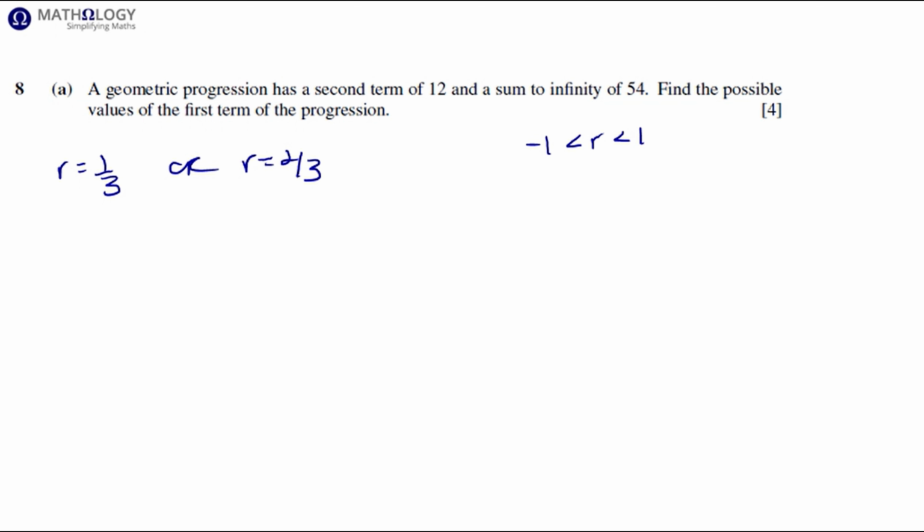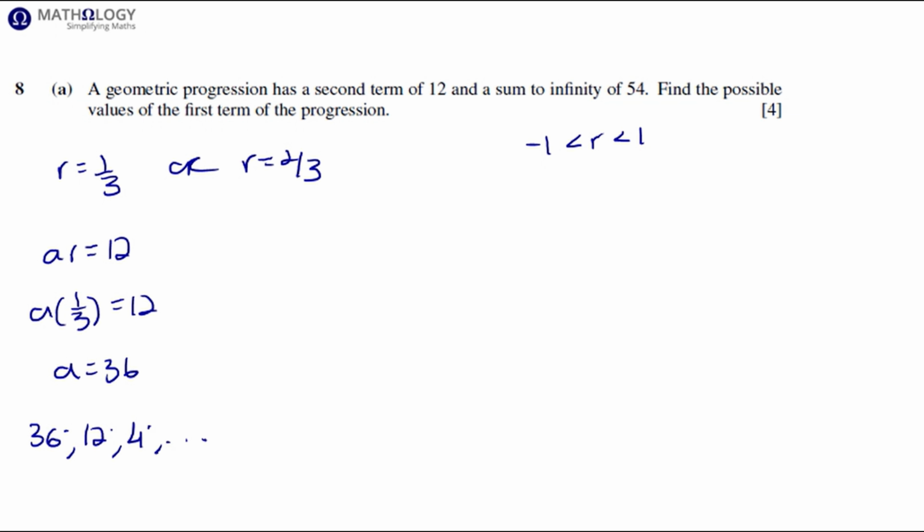So both of these values of common ratio are valid. We now need to determine the first term of each of these progressions. So ar equals 12. So a times a third equals 12. That means that a equals 36 for the first sequence. So the first sequence is 36, 12, 4.